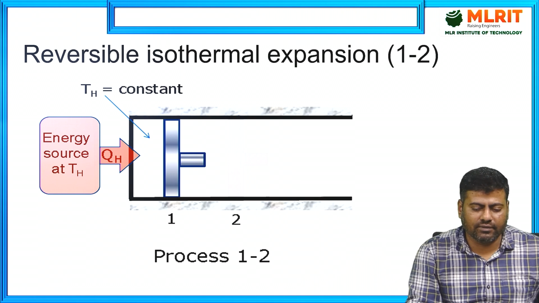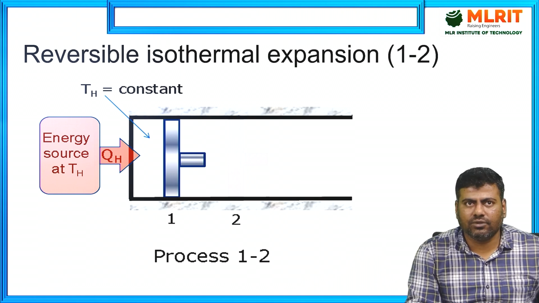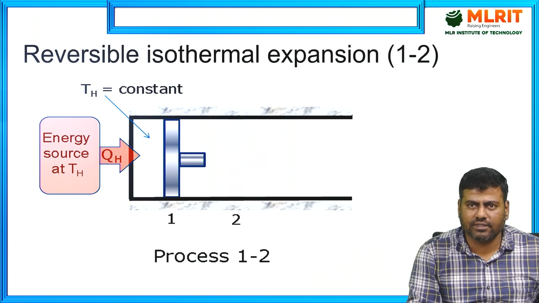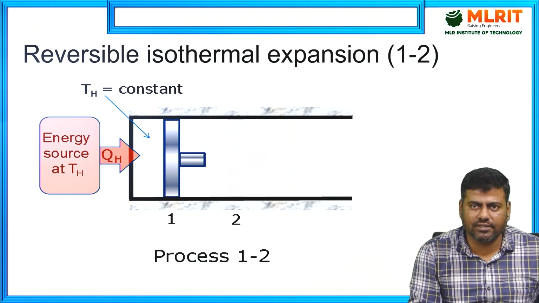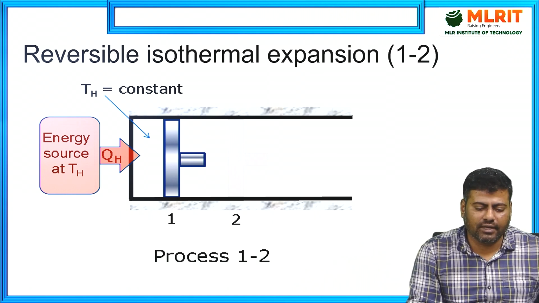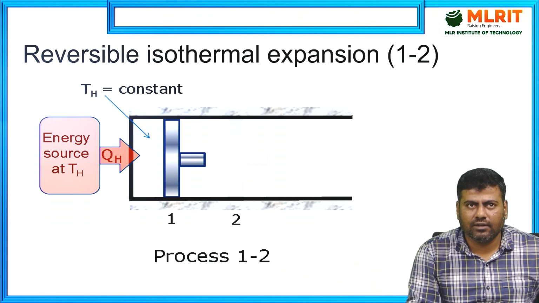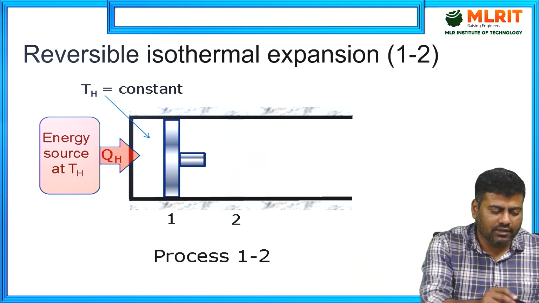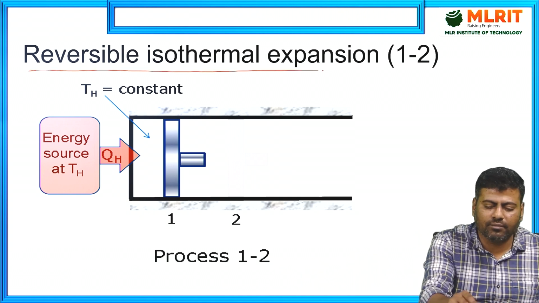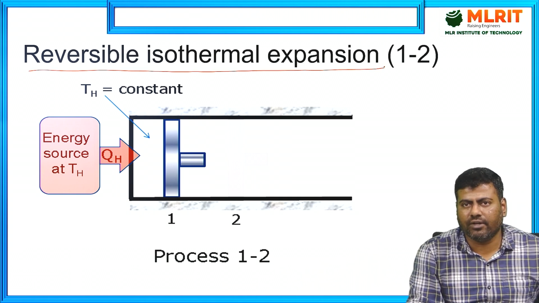Now we'll start with the first process, right? We'll start with the power stroke. What is the major purpose, the objective, of a heat engine? To extract work from thermal or heat energy, right? That happens with respect to the expansion process, right? So there they started with the reversible isothermal expansion, which I'm going to consider.